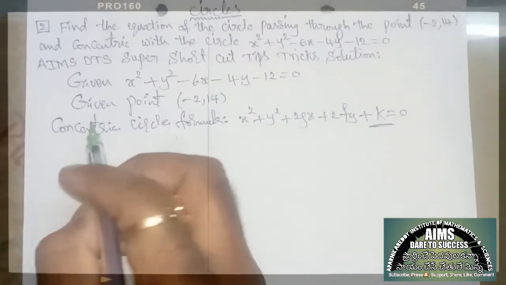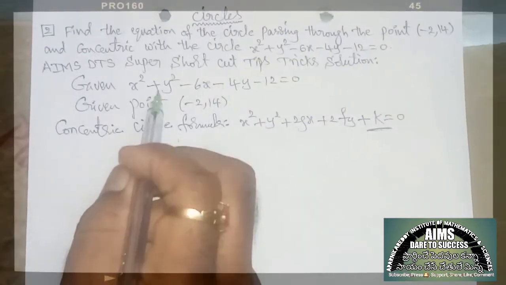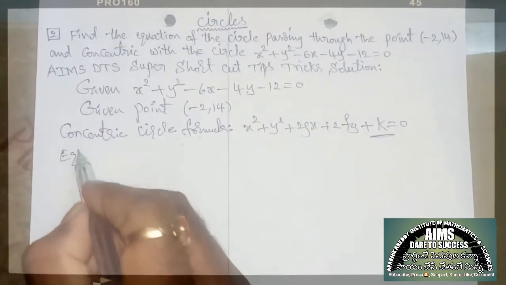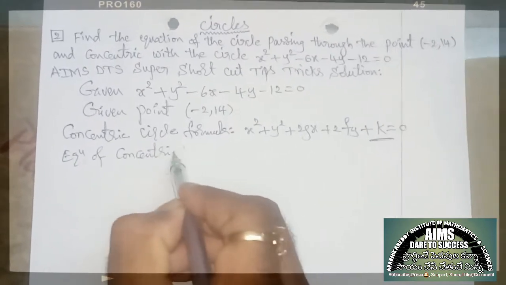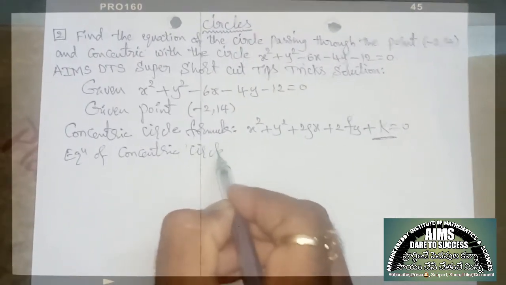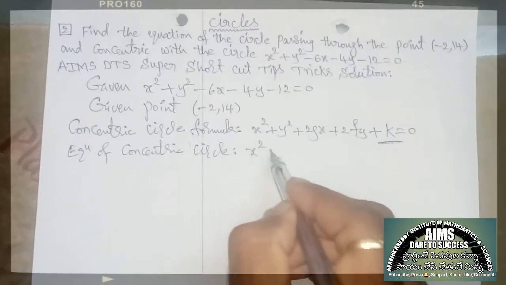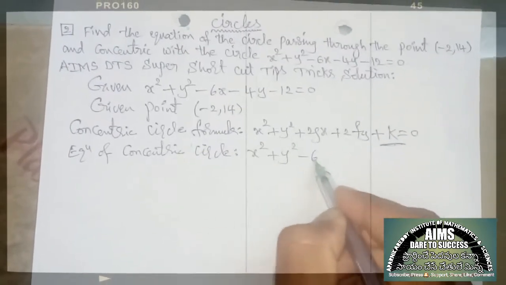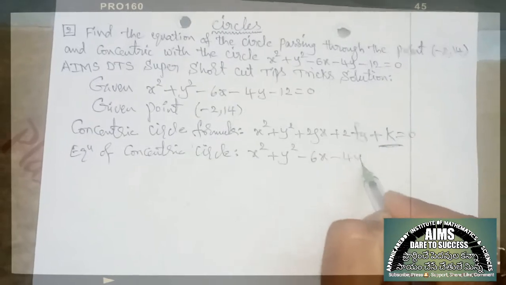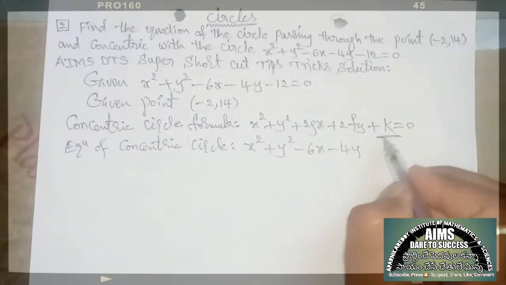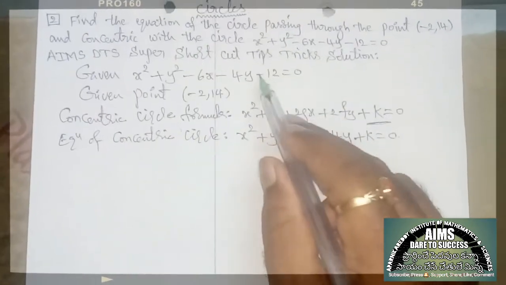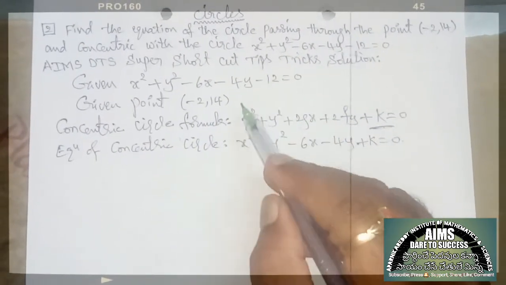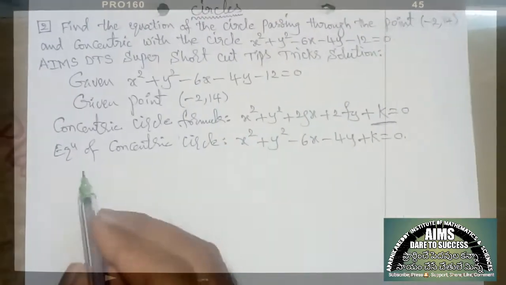Now for this question, the equation of the concentric circle is x square plus y square minus 6x minus 4y, you can remove the minus 12 and write plus k equal to 0. Whether the constant term is positive or negative, you can remove it as it is and write plus k is equal to 0.